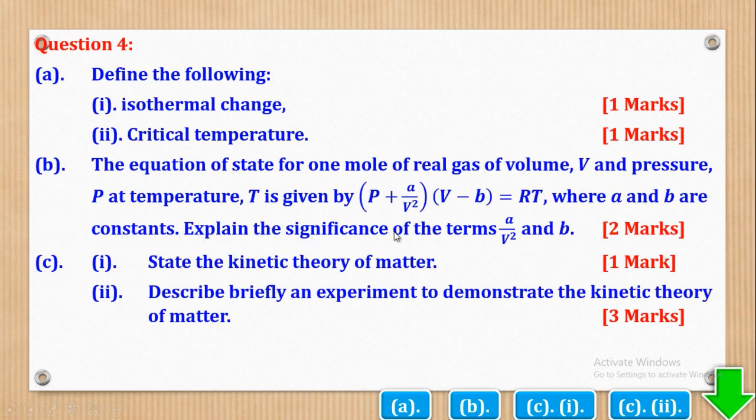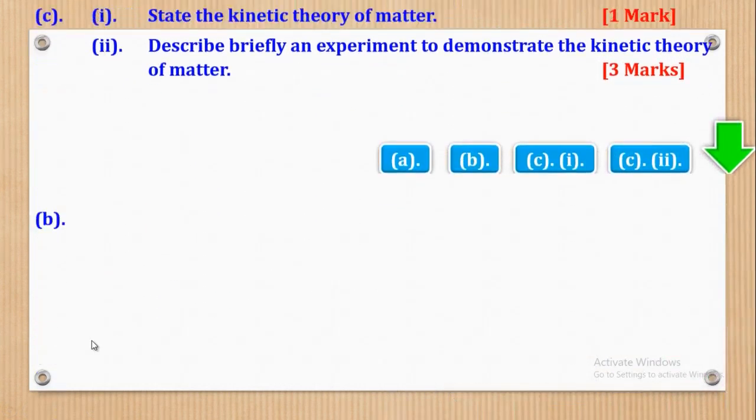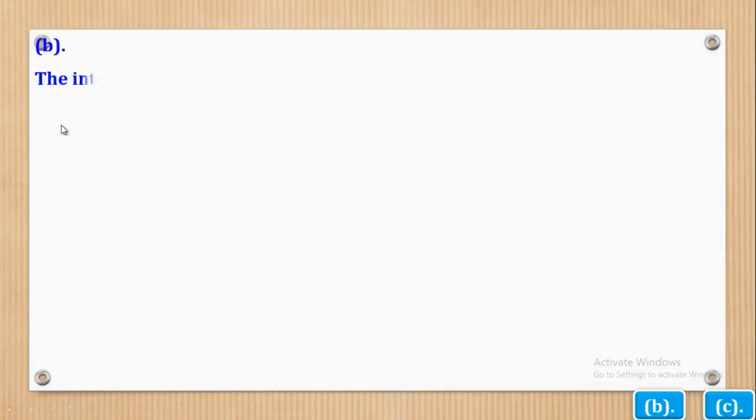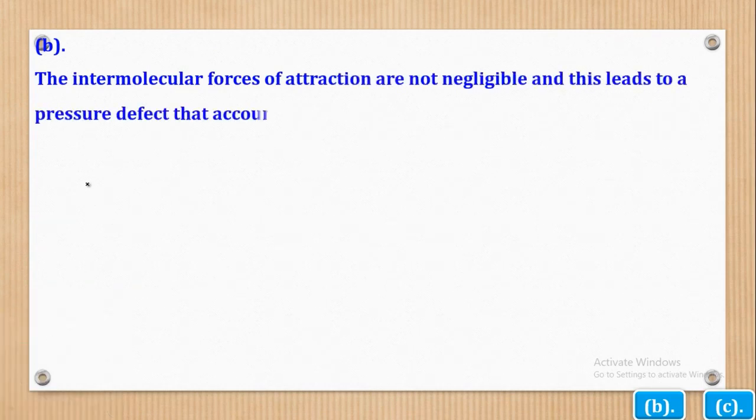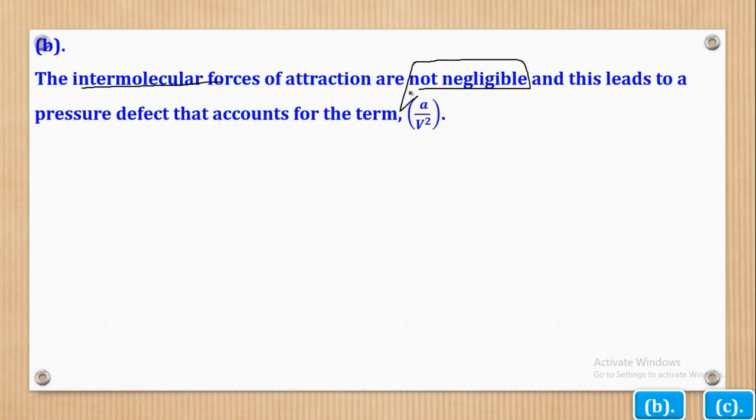Explain the significance of the terms A over V squared and B. So we shall say that the intermolecular forces of attraction are not negligible, and this leads to a pressure defect that accounts for the term A over V squared.